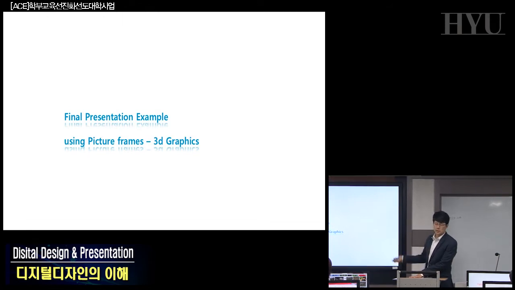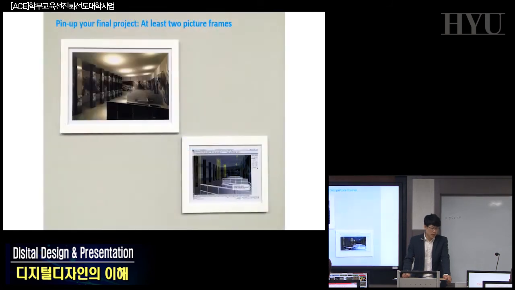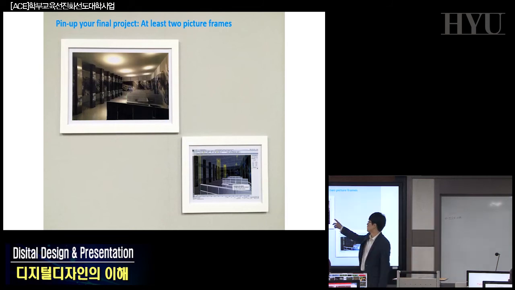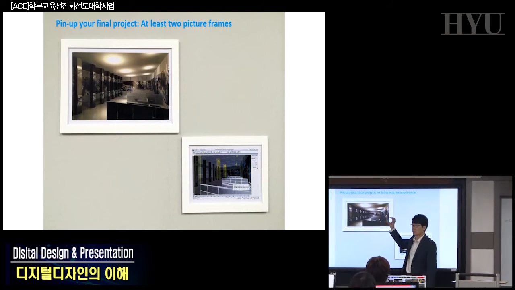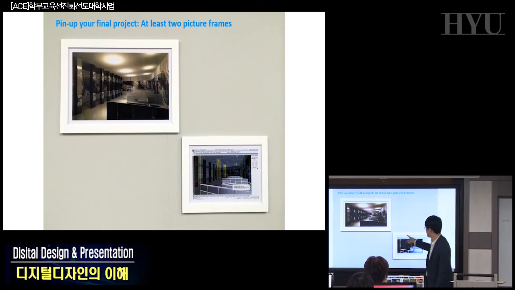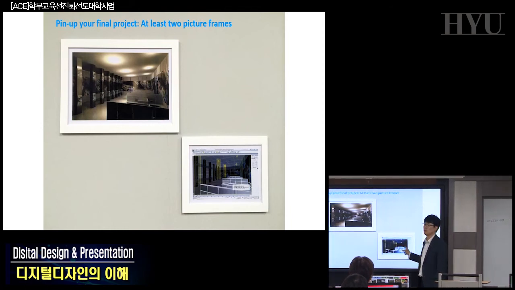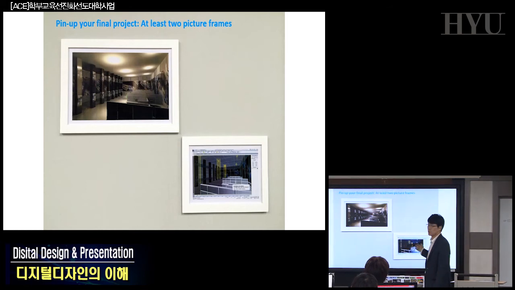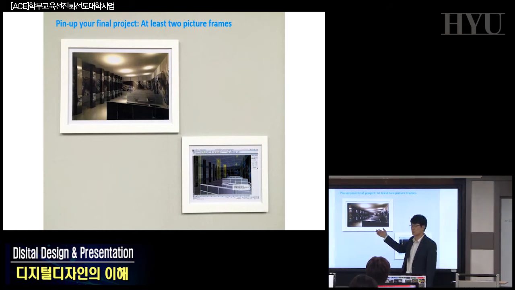Let me show you some text objects using this example. This is a final presentation example, 3D graphics, not for this class. Some picture frames. At that time, we planned to print out some photorealistic renderings and make them into picture frames, including some computer still images, so this one is computer generated, not an actual picture.